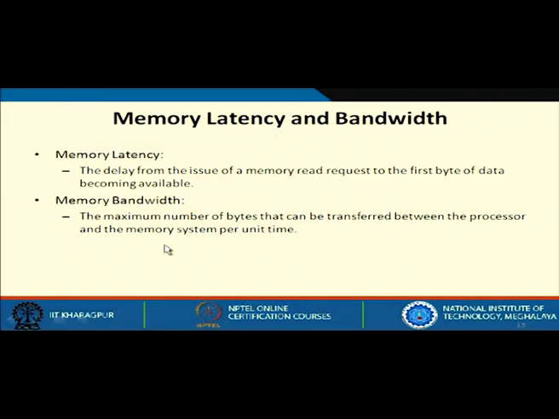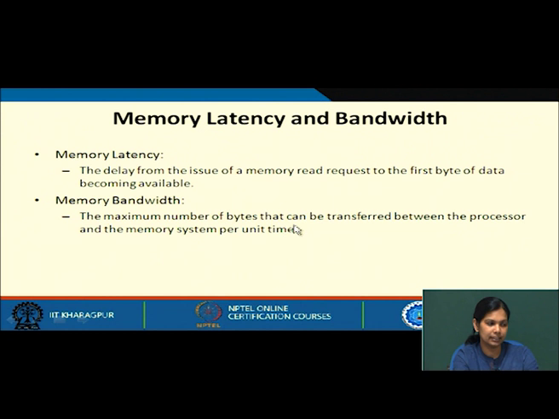What is memory bandwidth? The memory bandwidth is the maximum number of bytes that can be transferred between the processor and the memory system per unit time.